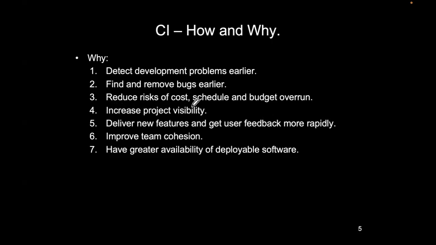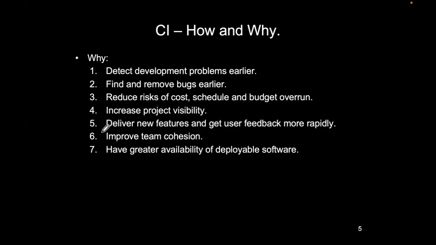Increase project visibility. That's what I was talking about in the previous slide. Deliver features quickly to our end customers. That's really the overall goal of both DevOps and CI/CD. Deliver features to our end customers so that we can get feedback from them as to whether they like the features or not, how they can be improved.